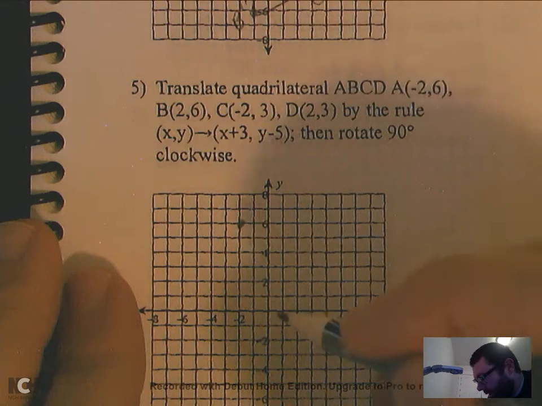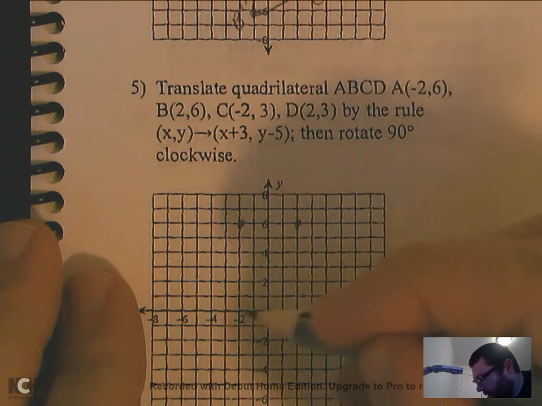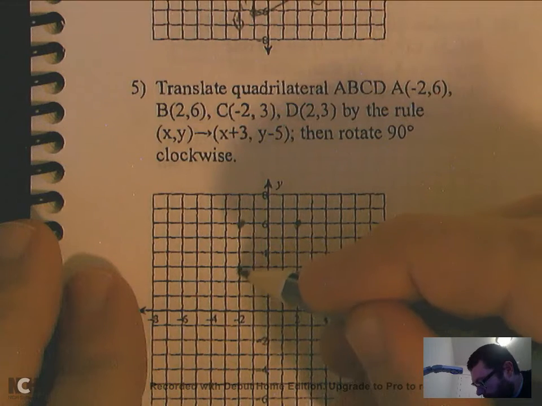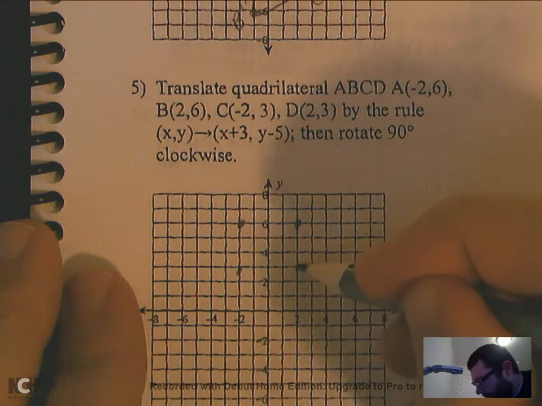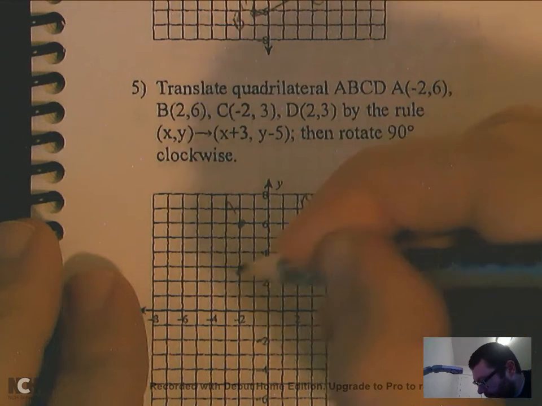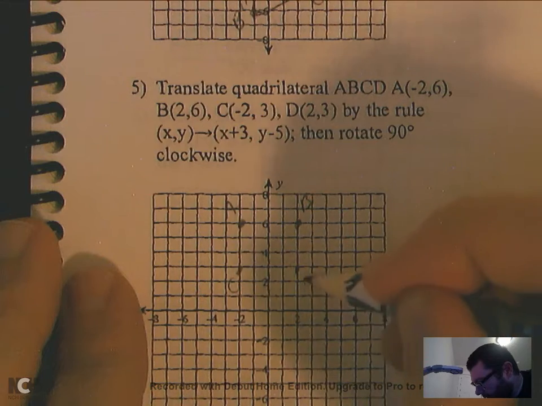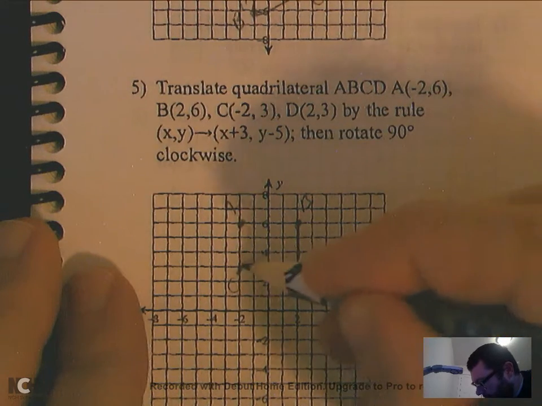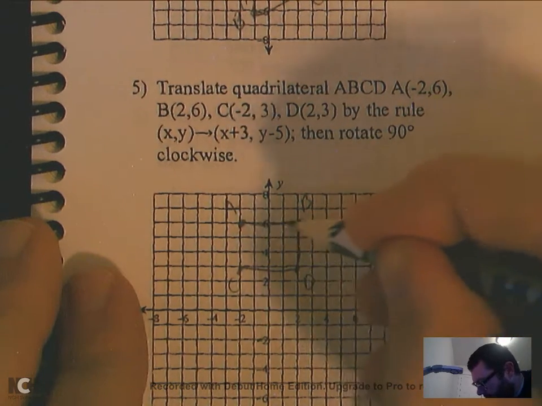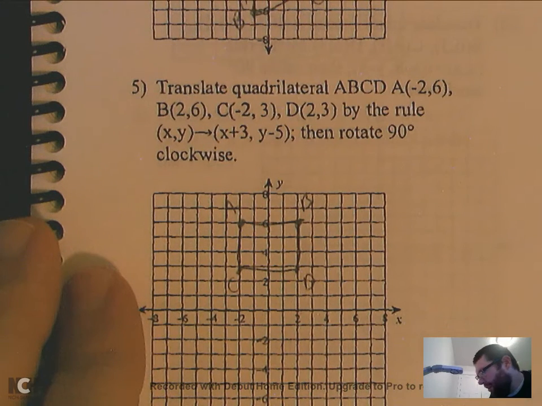And B is at 2, 6. C is at -2, 3. And D is at 2, 3. So this is A, this is B, this is C and D. So there's my original quadrilateral, kind of squarish, little rectangular-ish box there.